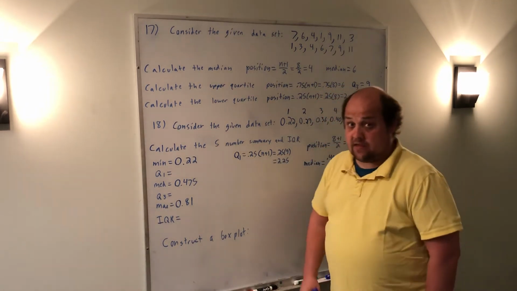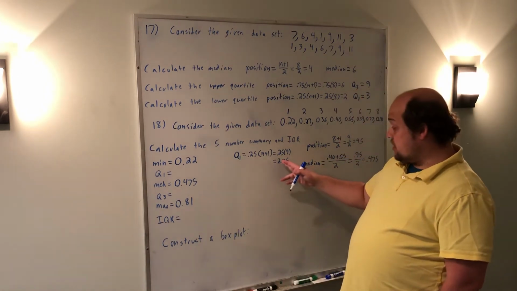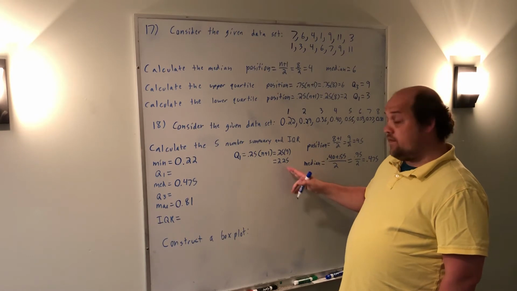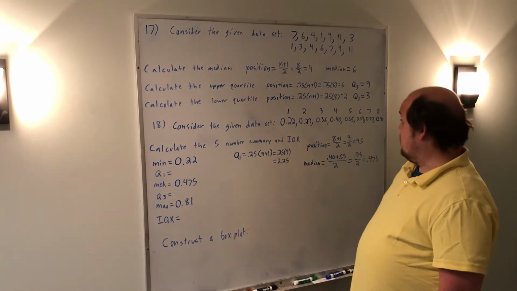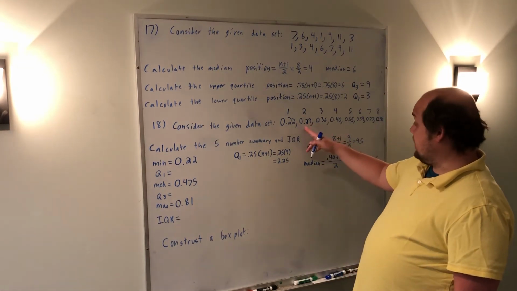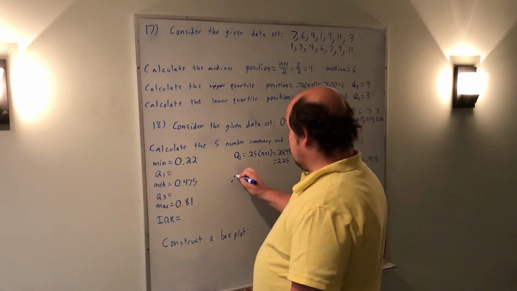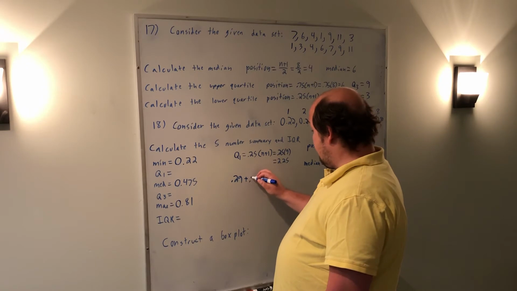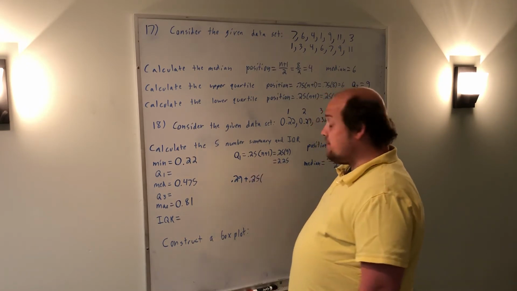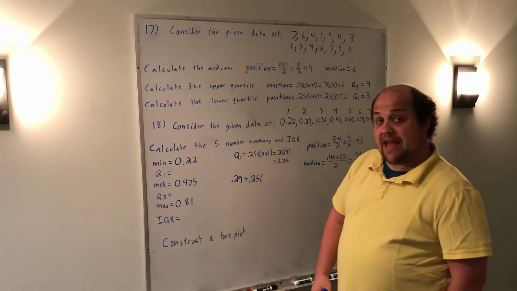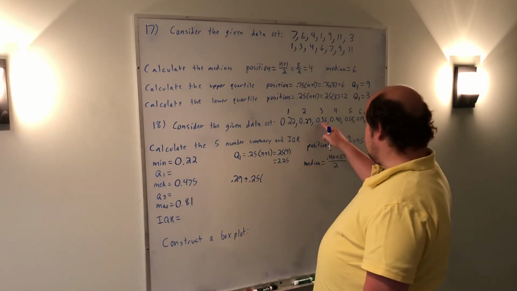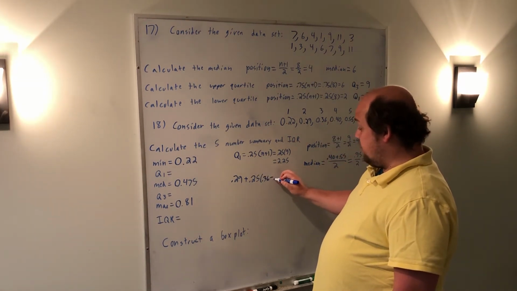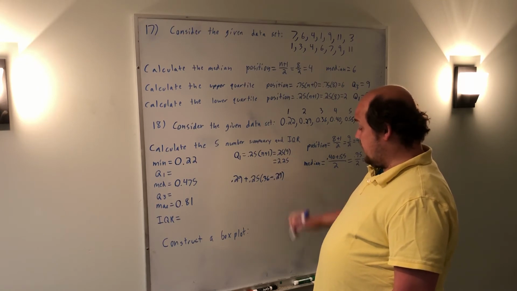It's a little tricky. I need to read this as start at the second data point, move 0.25 towards the next data point. The second data point is 0.29. I start there and I add 0.25 times the distance between the data point I'm at and the next data point. The next data point is 0.36 minus the data point I'm at, 0.29.